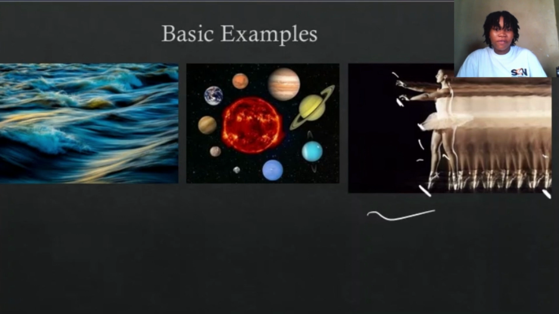We also have our solar system, where we have our planets and the sun. We always see that all the planets are orbiting around the sun. So they are also moving, changing their position as time changes. So it's also a form of motion. You could also see the tidal waves.